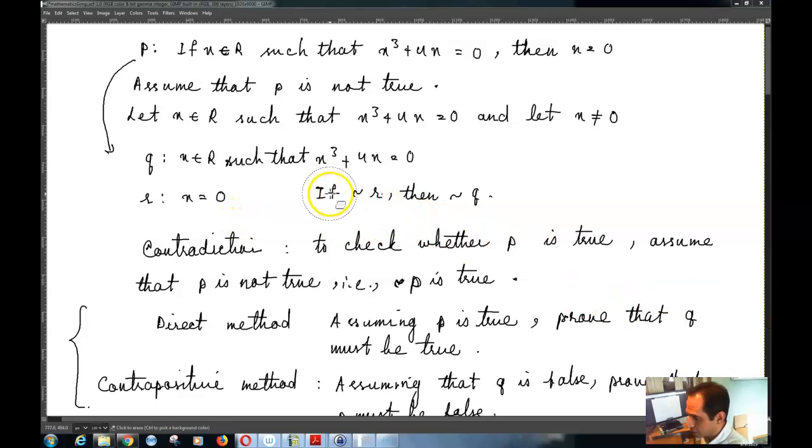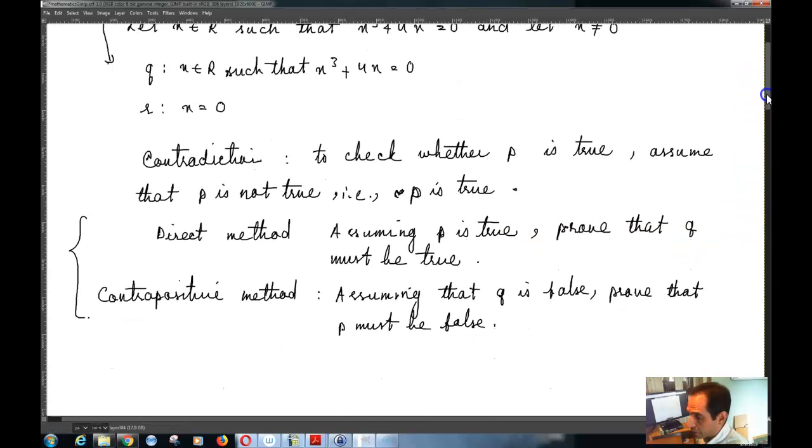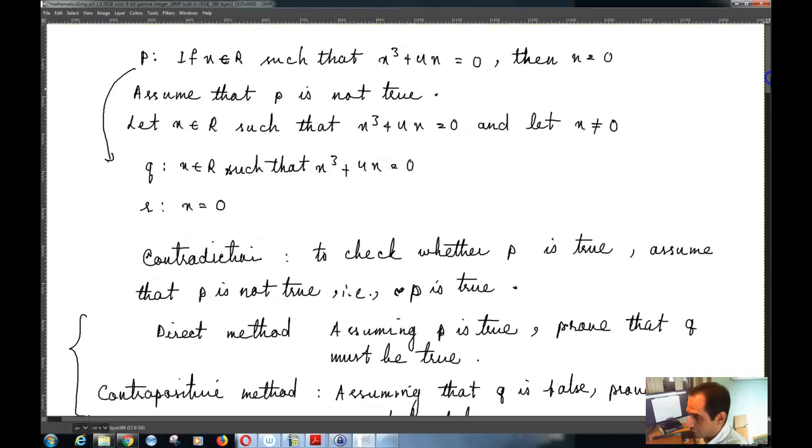Now let's forget about this for now. In the method of contradiction, to check whether P is true, we assume that P is not true, and then somehow get into some sort of contradiction which contradicts the assumption that we made, which was that P is not true.